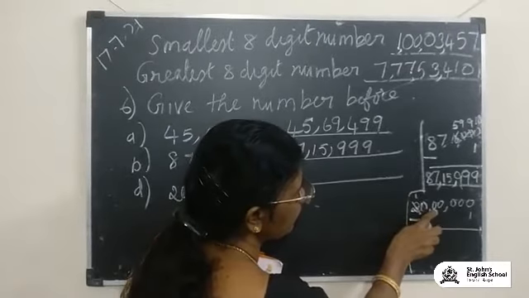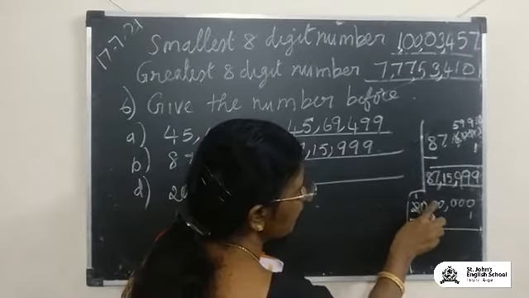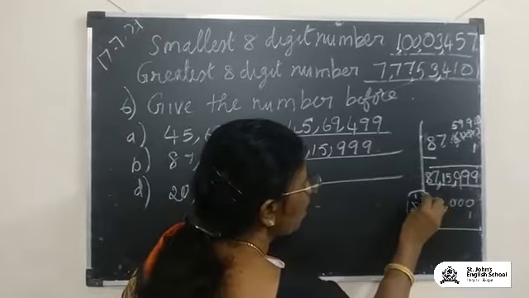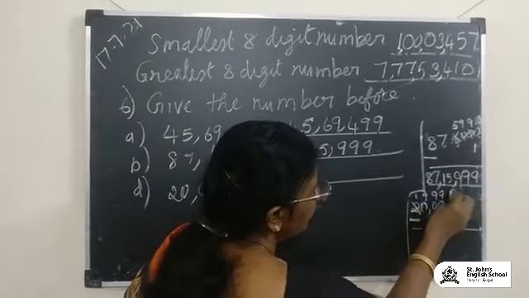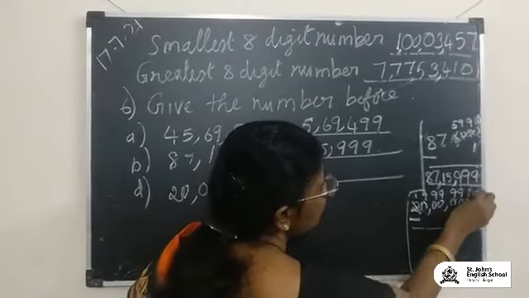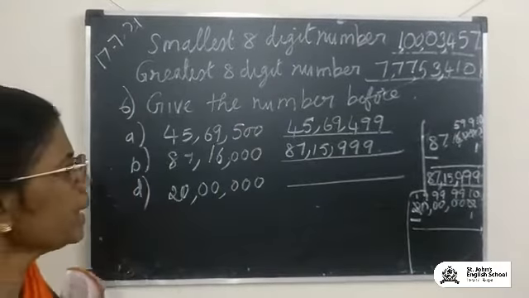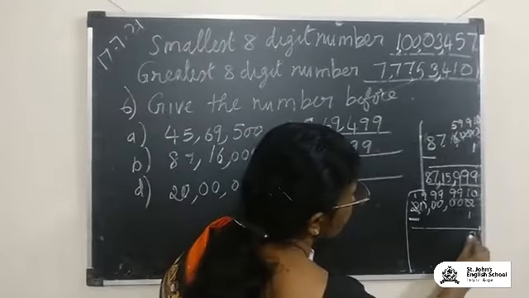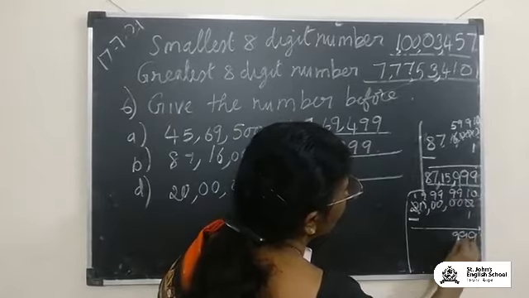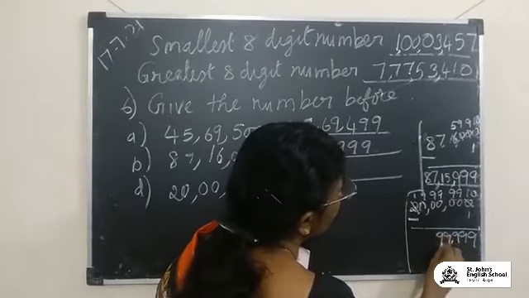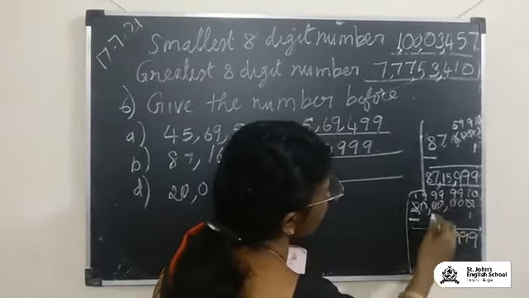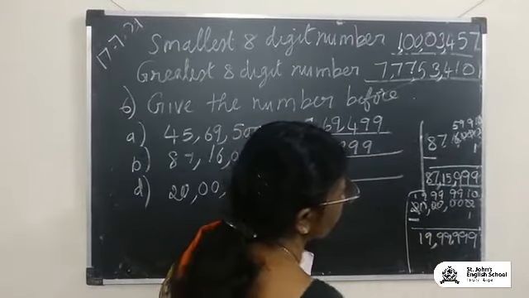Again you have to take from here, 10, but this will be 9. So when you follow like this, all the other numbers will be 9, 9, and the last 0 will be 10. So 10 minus 1 is 9, 9, 9, again 9, 9, because all these zeros become 9.